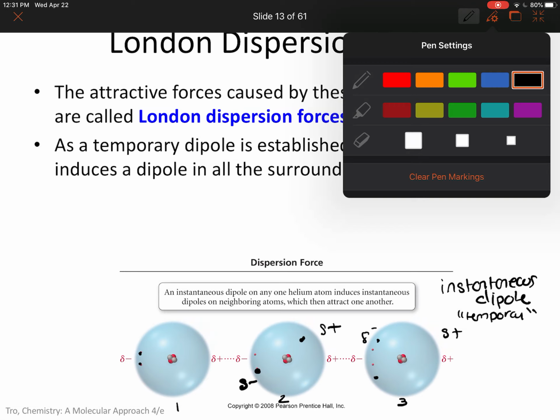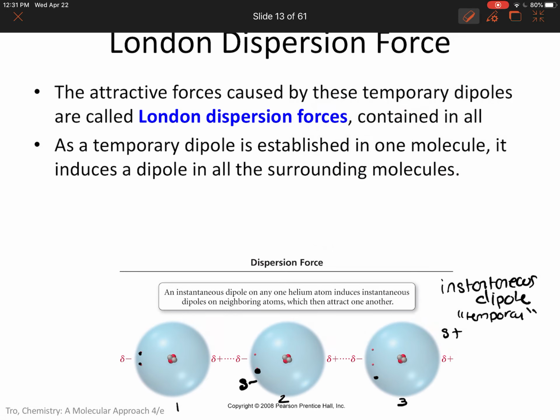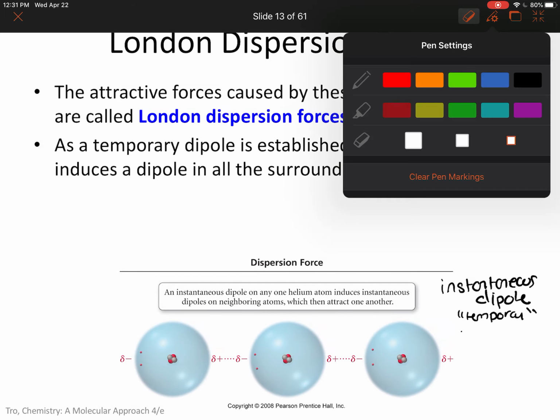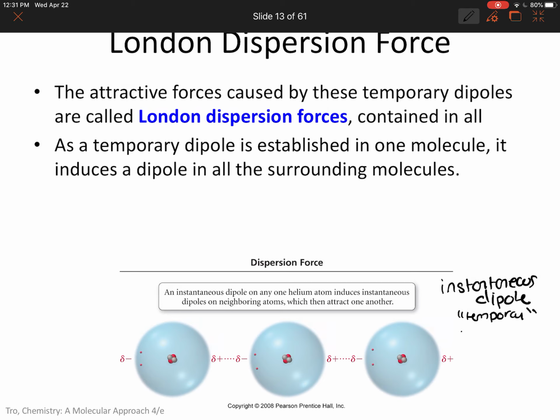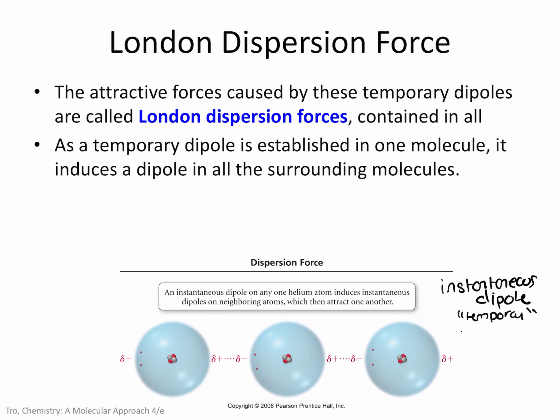Now, if we were to erase these frames, and we were just looking at one frame, and you put another helium atom next to it, what happens is that this helium will induce a dipole in another helium.